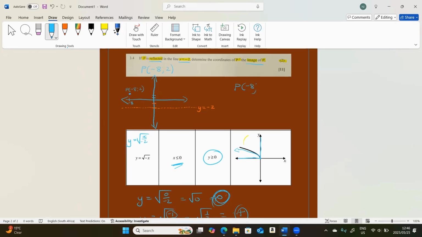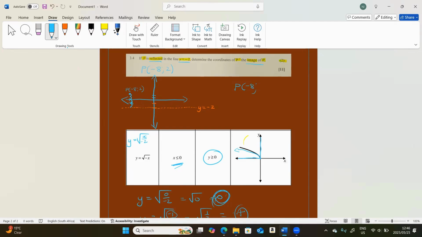When we want to see how many places we need to move down to my reflection line, you just count that: there we are at 1 and there we are at 0. That is two places down. And then another 1 down to get to -1 and another 1 down to get to -2. So from your point, you need to move 4 positions downwards to get to your reflection line.